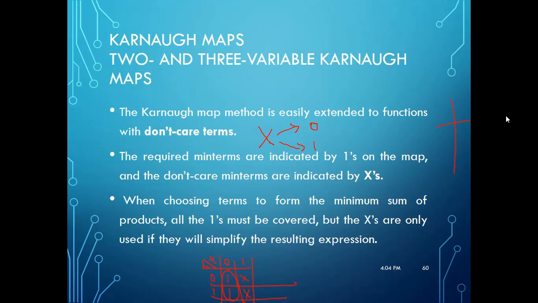There are some rules to be followed when you handle the don't care conditions. But in this particular problem, 1 is already paired, so you don't include the x term here. When choosing the terms to form a minimum sum of products, all the ones must be covered. You can see all the ones are being covered here in this problem.